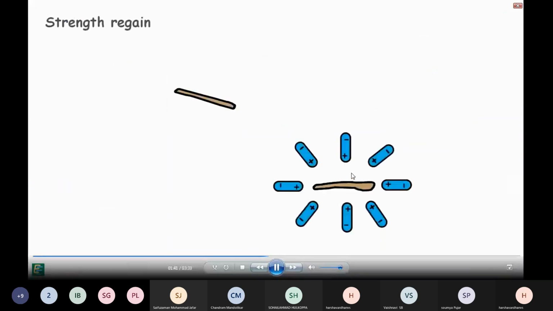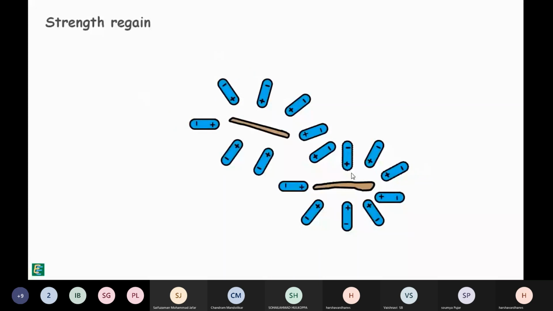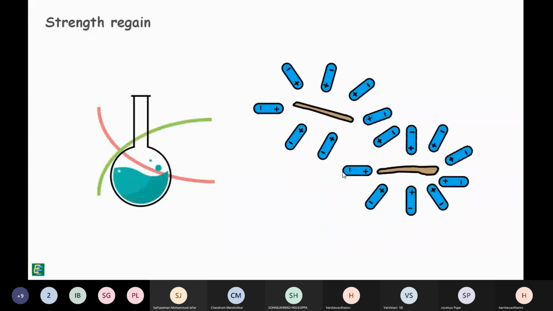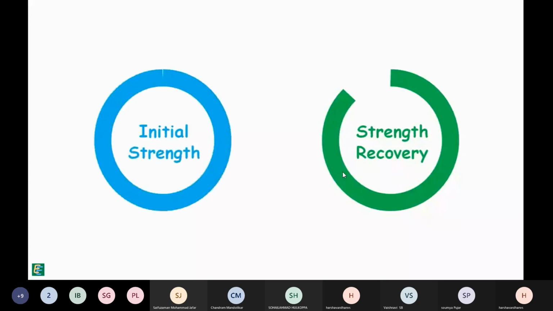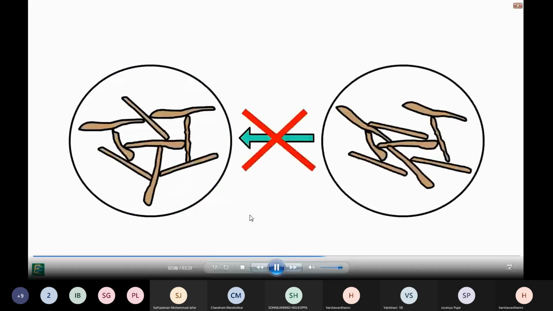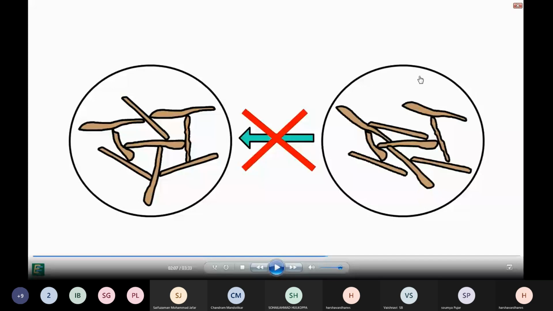Now this strength regain is due to the rearrangement of the molecular structure. The molecular structure gets rearranged, but the strength recovery is not 100%. The strength won't go back to its original state, but only up to some extent. The soil cannot be arranged back to its original state once it is remolded.